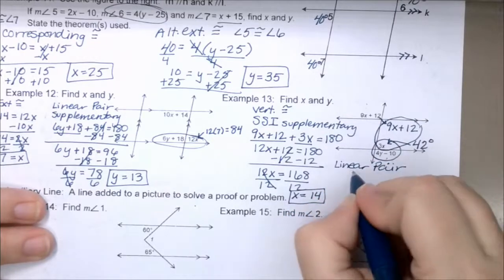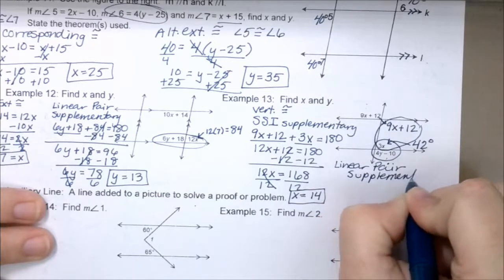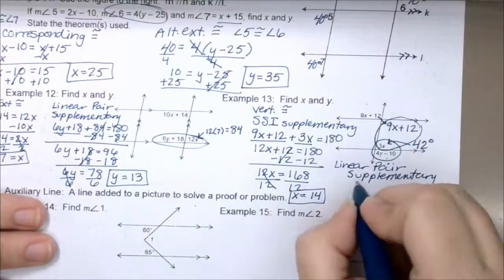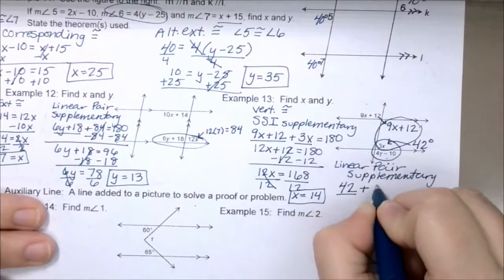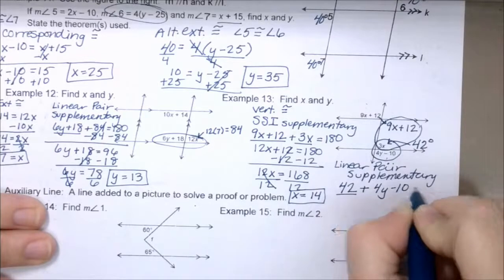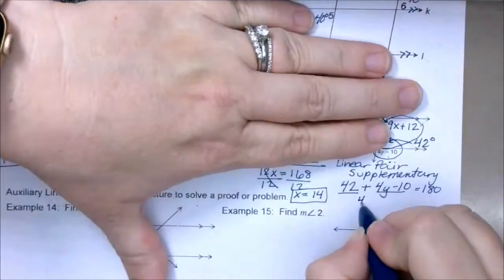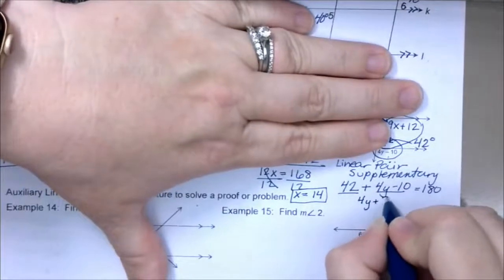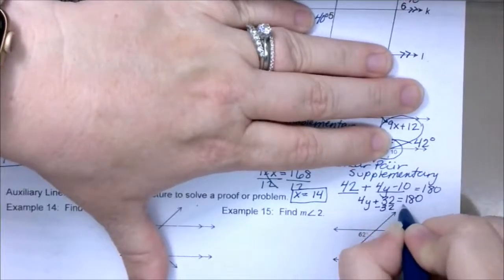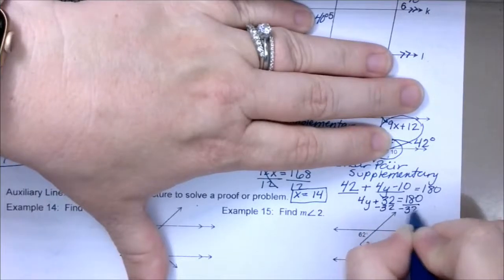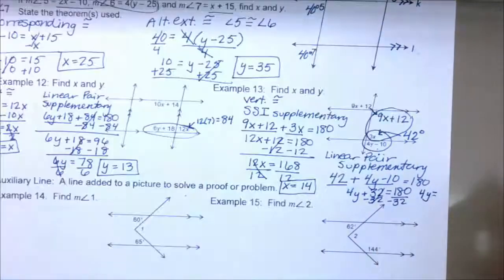How much is it? 36 degrees. Why? These are same side interior, which means they're supplementary. They need to add to 180. So 62 degrees plus 36 degrees. So the measure of angle 2 is what? 98 degrees. Okay? All right.